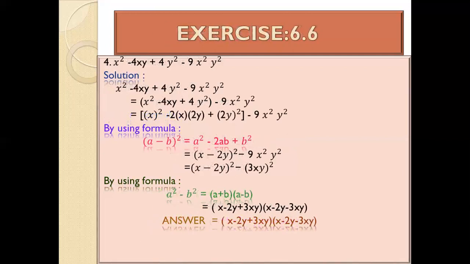Question number 4. x² − 4xy + 4y² − 9x²y².